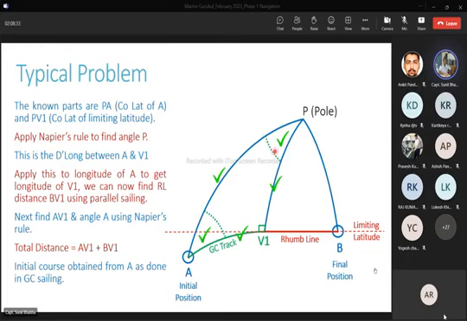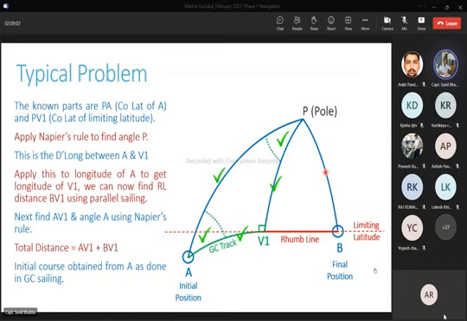Then we were calculating the smaller angle P of first triangle PAV1 and the smaller angle P of the last triangle PBV2, and we were subtracting these two small angles to get the middle angle P. So if in any of the questions you get a negative middle angle P, that simply tells you that composite sailing is not relevant or not required in this case.